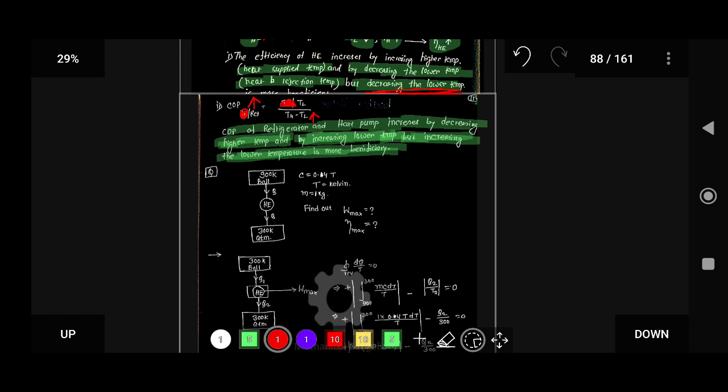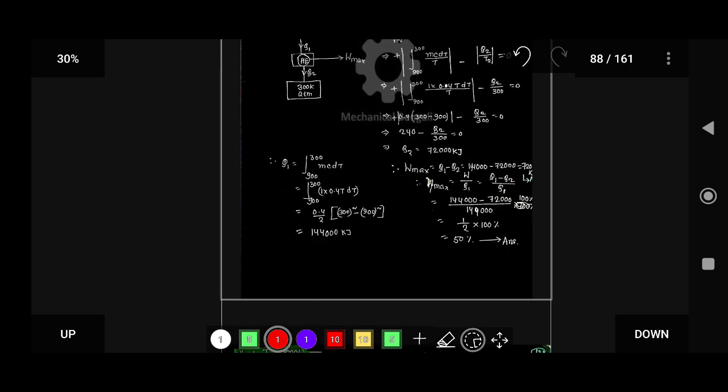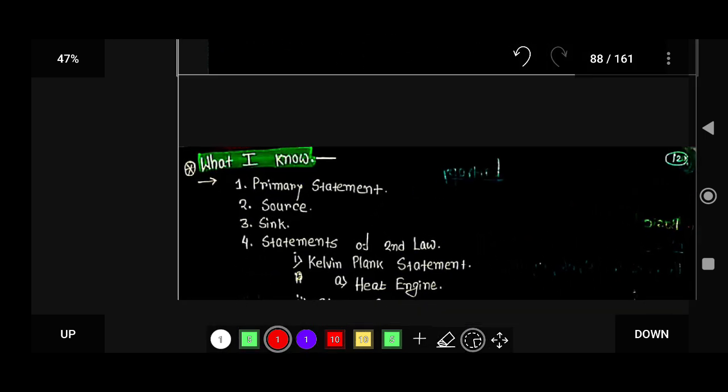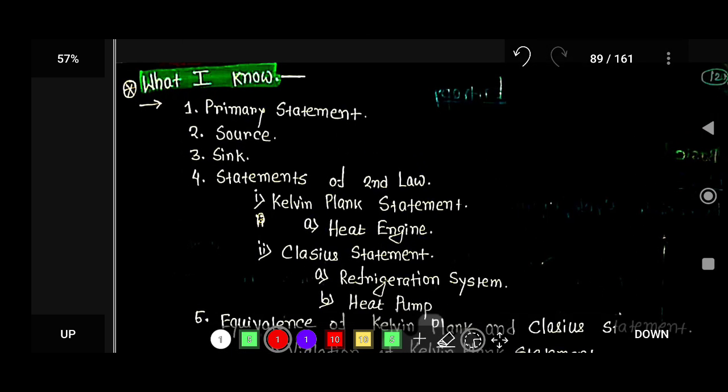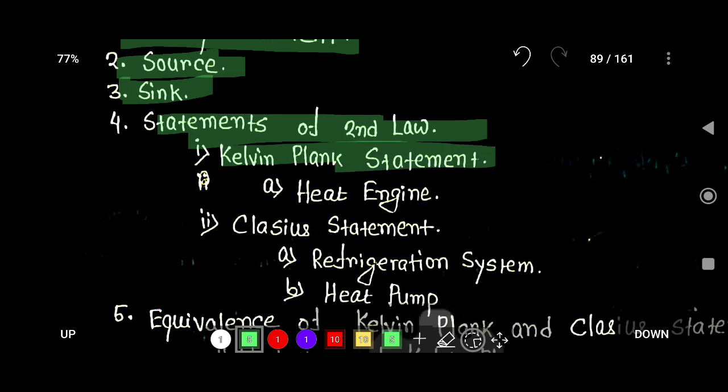There is another problem you can see, you can do it on your own. So in the second law of thermodynamics we understood what the primary statement is, what source and sink are, and the statements of the second law, that is the Kelvin Planck statement.